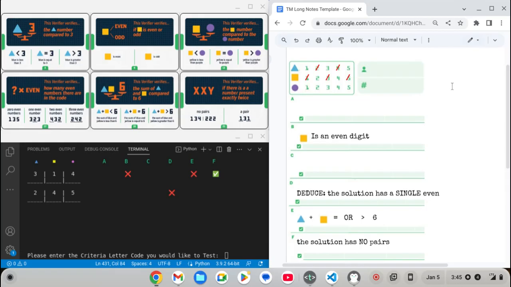And I think now we can actually deduce that the sum should be greater than 6. Because again, if we don't have two evens in triangle and square, that means we can't have a sum of 6.